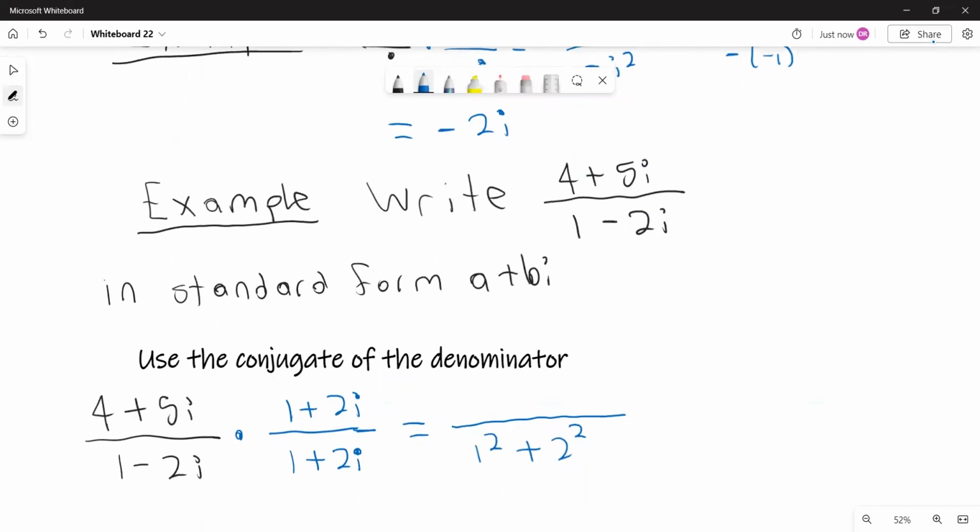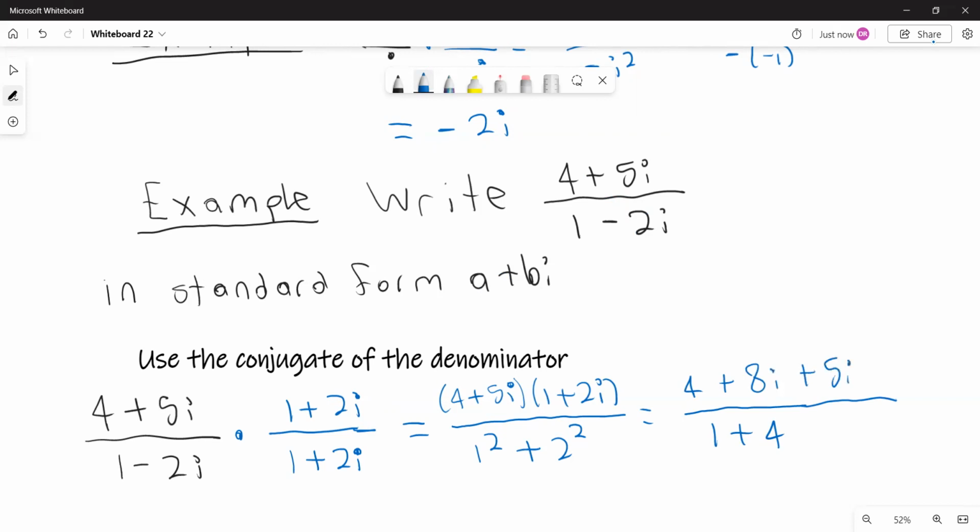And then we have on top 4 plus 5i times 1 minus 2i. So the denominator is 1 plus 4. And then FOIL: 4 times 1, 4 times minus 2i, 5i times 1, and 5i times 2i. So that's going to be 10i squared.